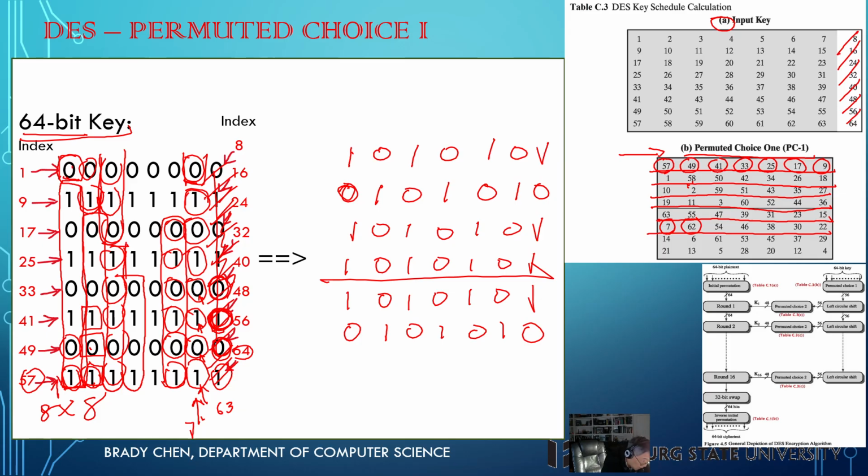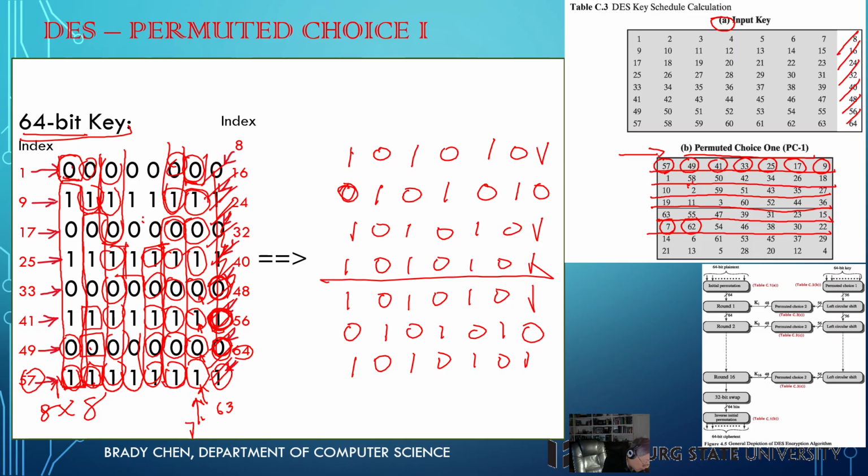Okay, and the next one is going to be here, goes up, and then goes up. We stop here. So it's a 1 0 1 0 1 0 1, 1 0 1 0 1 0 1. Okay, what's the last one?